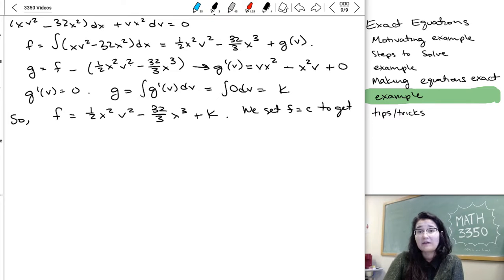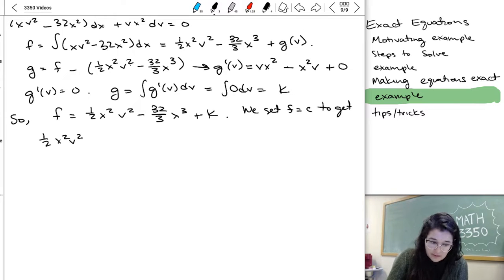And then we set f equal to an unknown constant to make it a general solution. So we get 1/2 x squared v squared minus 32 over 3x cubed plus k is equal to c.